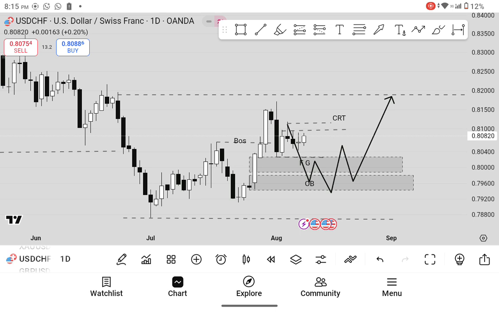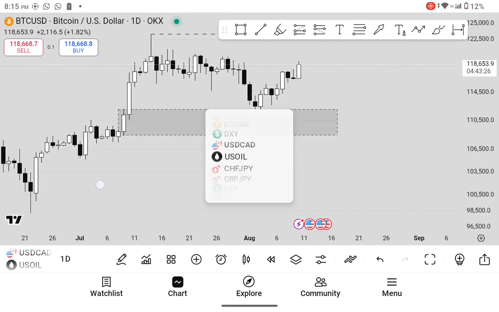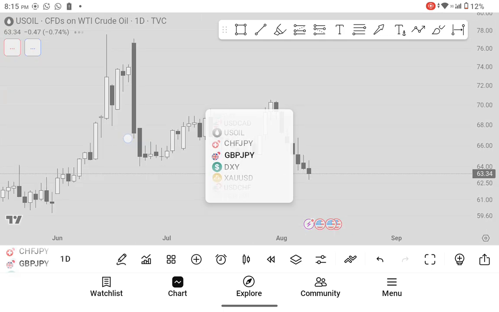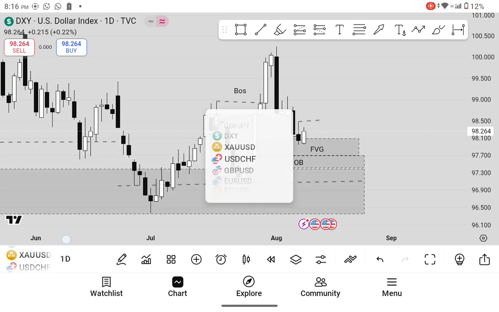But I trade only EU, GU, and gold. I don't trade gold these days because gold has a lot of noise in the market. So let me go to gold. This is gold.